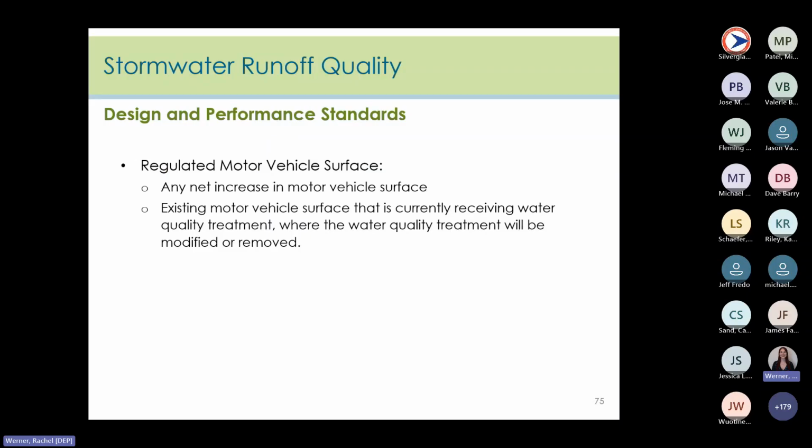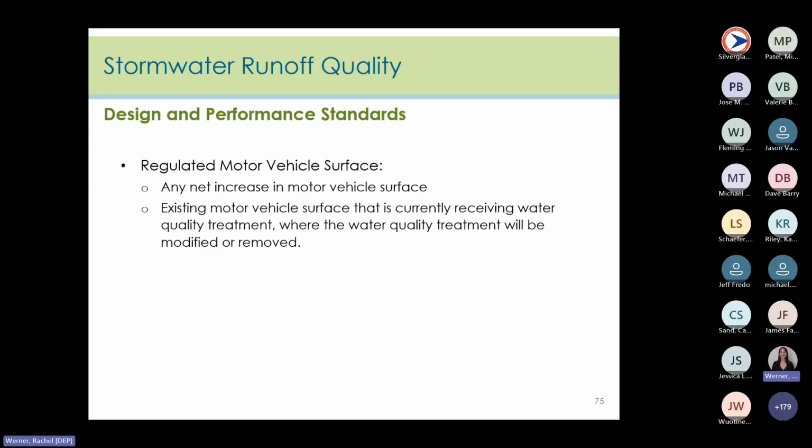Now, what exactly is regulated motor vehicle surface? Because remember, the quality control standards apply to the increase of regulated motor vehicle surface. Well, per 7:8, it is defined as a net increase in motor vehicle surface, which is any surface, impervious or pervious, that is intended to be used by motor vehicles and/or aircraft and is directly exposed to precipitation.